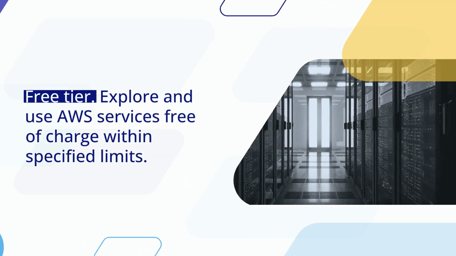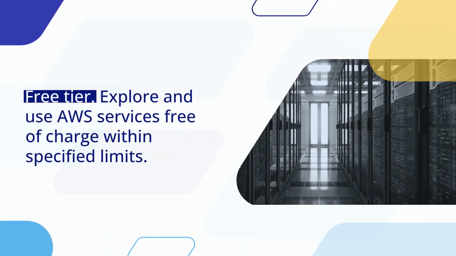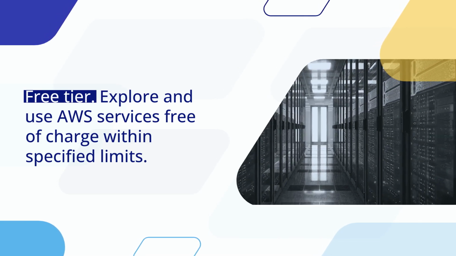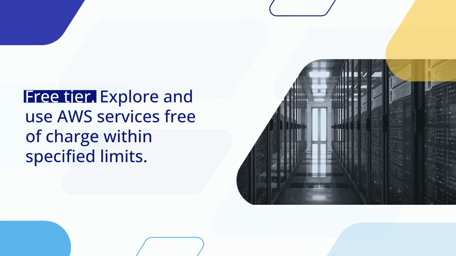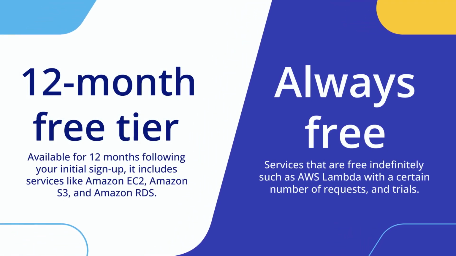Free tier. Next, let's discuss the AWS free tier. The free tier includes offers that allow you to explore and use AWS services free of charge within specified limits. It's divided into 3 types. 12-month free tier, available for 12 months following your initial sign-up. It includes services like Amazon EC2, Amazon S3, and Amazon RDS.